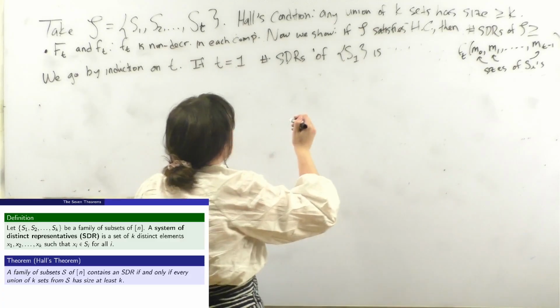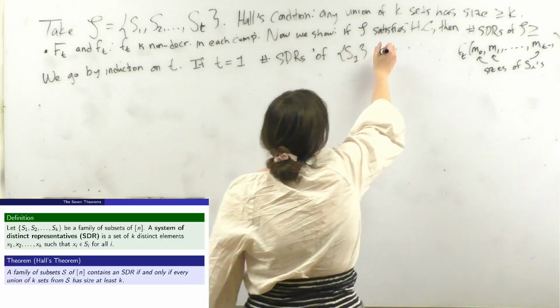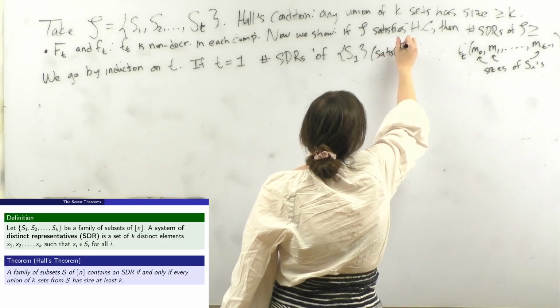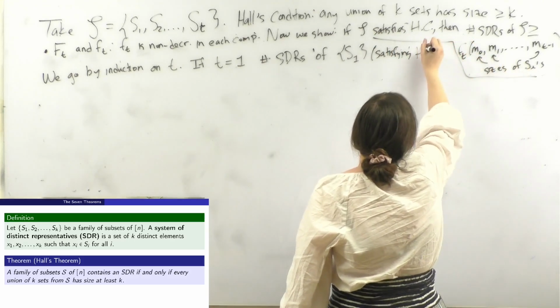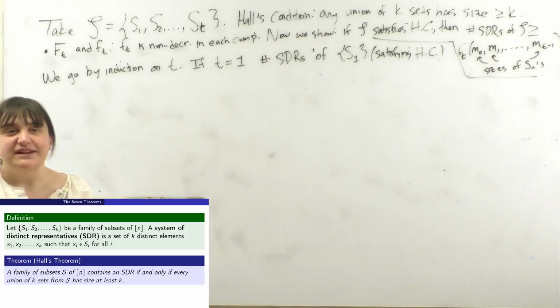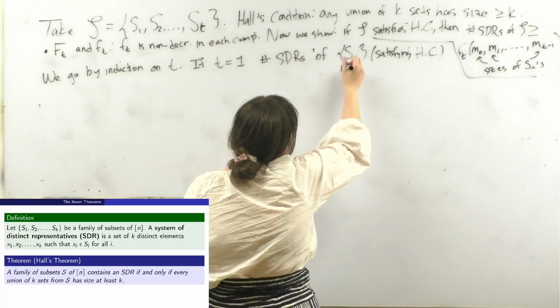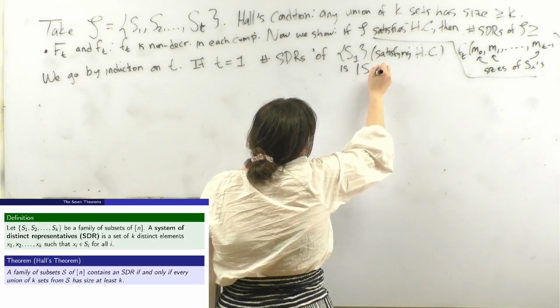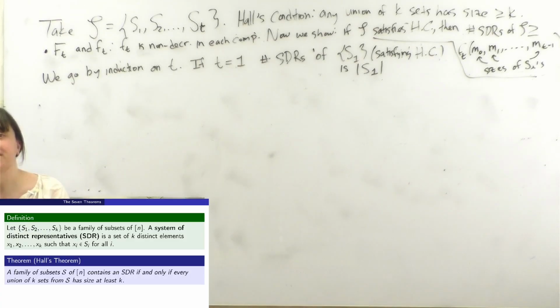So I'll say, satisfying Hall's condition, so I know that the union of my one set has at least one element in it. Yeah, exactly. For every single element, that single element is a distinct representative of my one set. There's no conflicts that I could possibly have with another set.